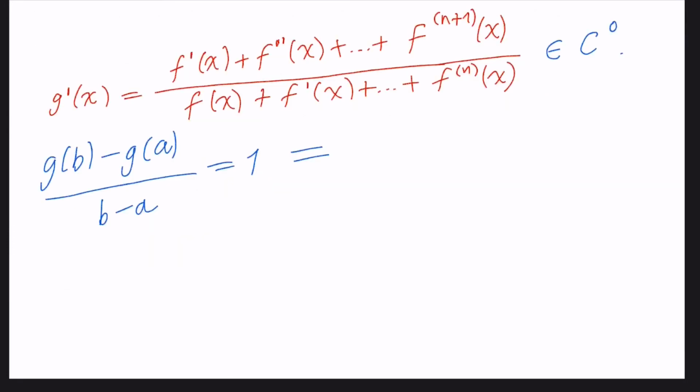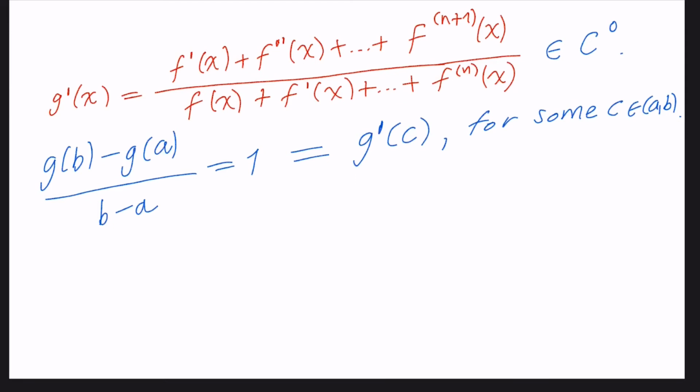So if we use the same here, then there exists c, for some c that belongs to a to b. Now we know that this specific case has a point c for which the derivative is equal to 1.